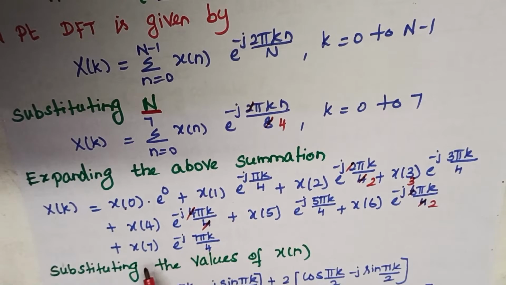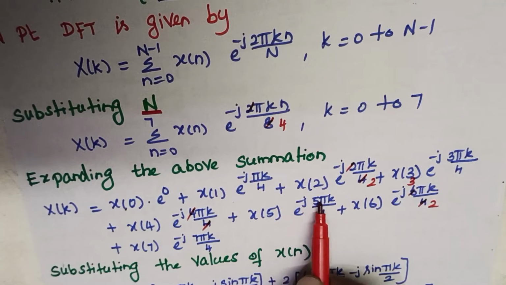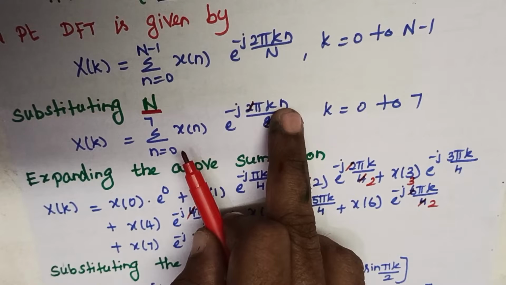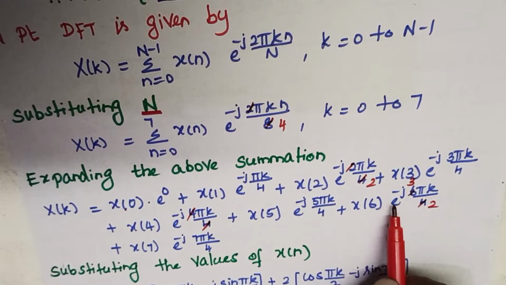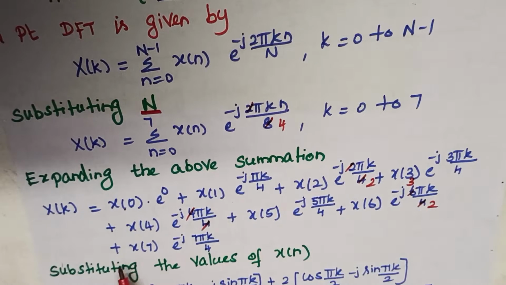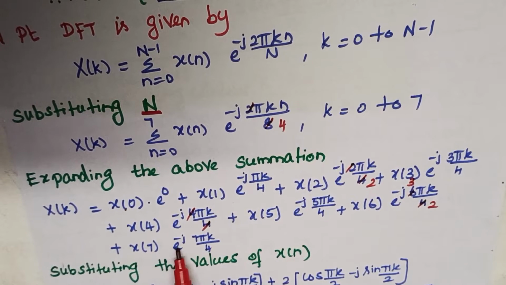Like this, you have to expand it till x of 7: x of 4 e power minus j 4 pi k by 4 plus x of 5 e power minus j 5 pi k by 4 plus x of 6 e power minus j 6 pi k by 4 plus x of 7 e power minus j 7 pi k by 4. Simply we are substituting the value of n in this equation.